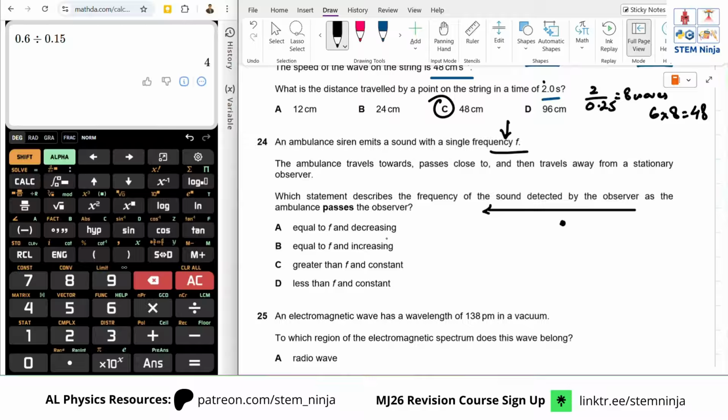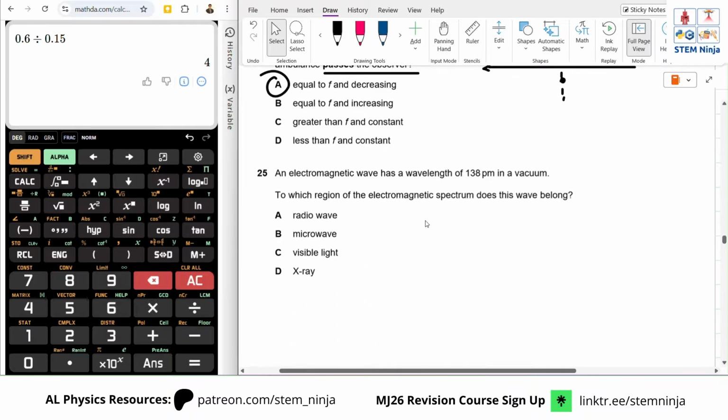So as it passes the observer, equal to f and decreasing. Passing the observer is basically this point. So equal to f and decreasing. That would be the case.